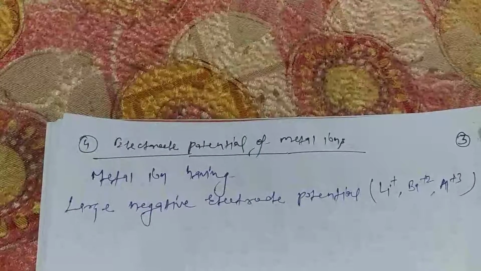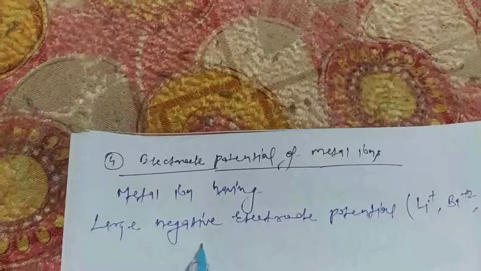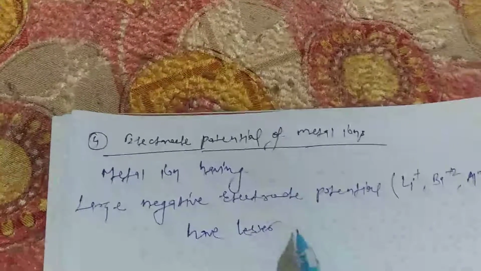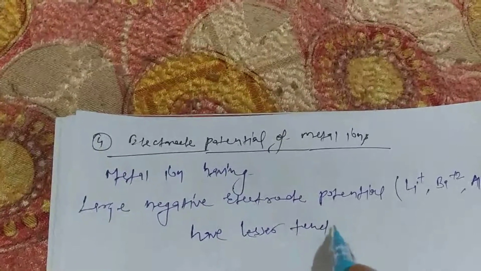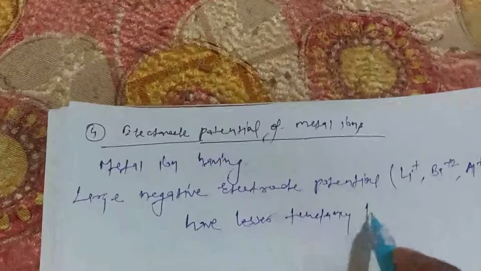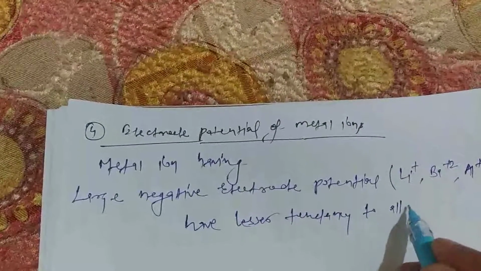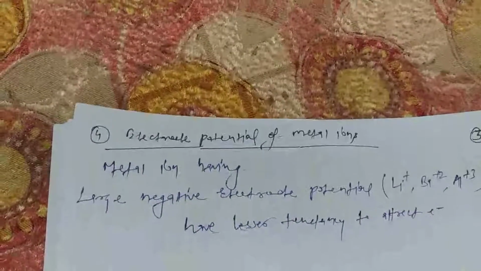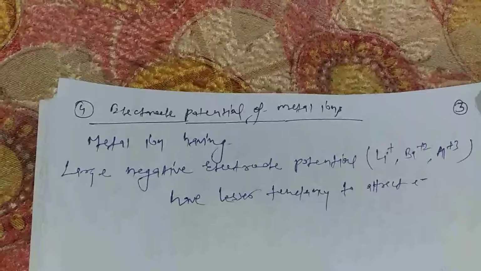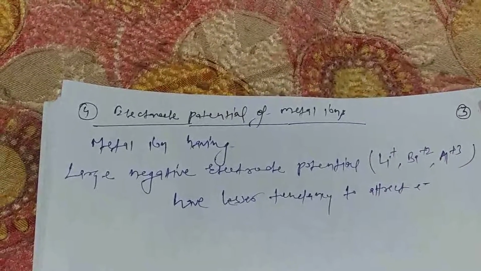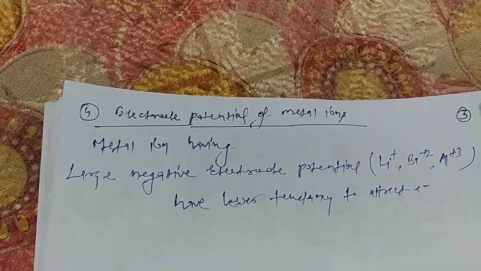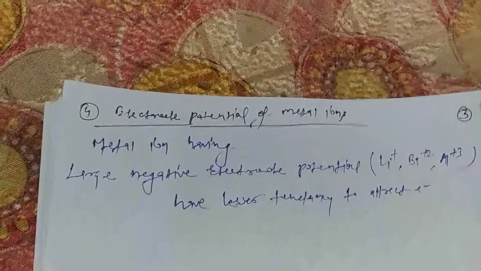So these ions have a lesser tendency to attract electrons. So they require a more electronegative atom. Hence in order to form a stable complex, they require more electronegative elements.